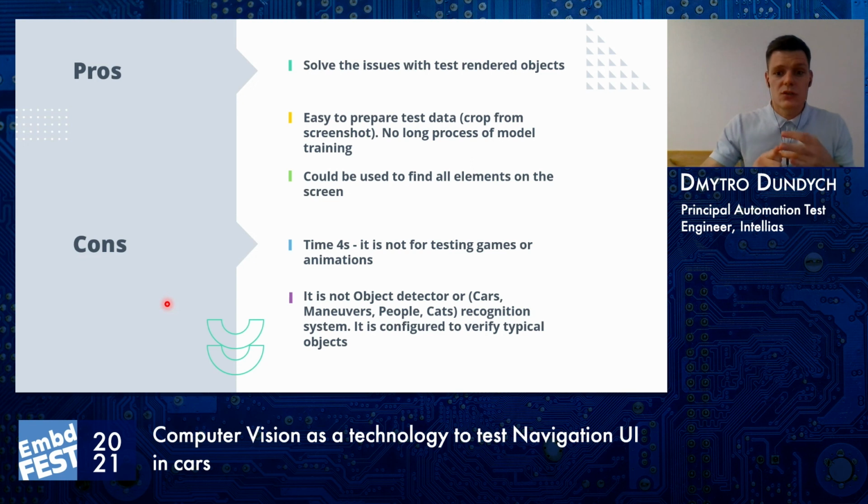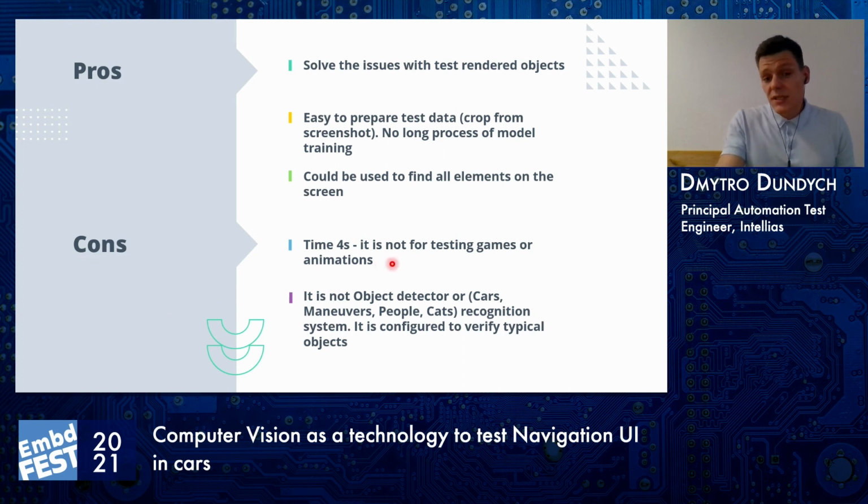There is no need for model training or artificial intelligence, because it works as it is. And it could be used to find elements, all elements on the screen, markup or not, to test it.